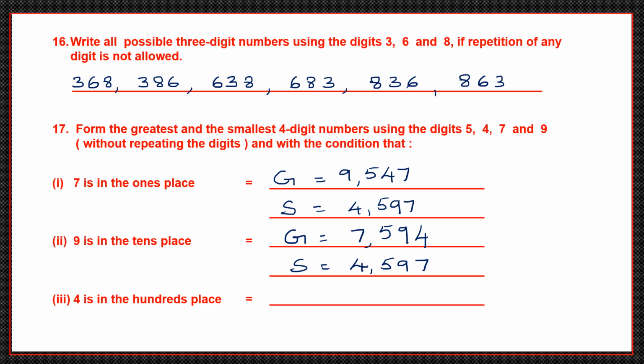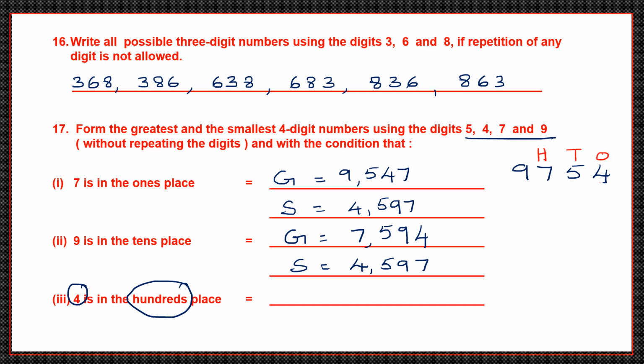So let's work out and see. Now first the greatest and then the smallest number. To get the greatest number, I start with 9, 7, 5, 4. Now let's look at the condition. 4 is in the hundreds place. So let's look out for the hundreds place. Ones, tens, hundreds.